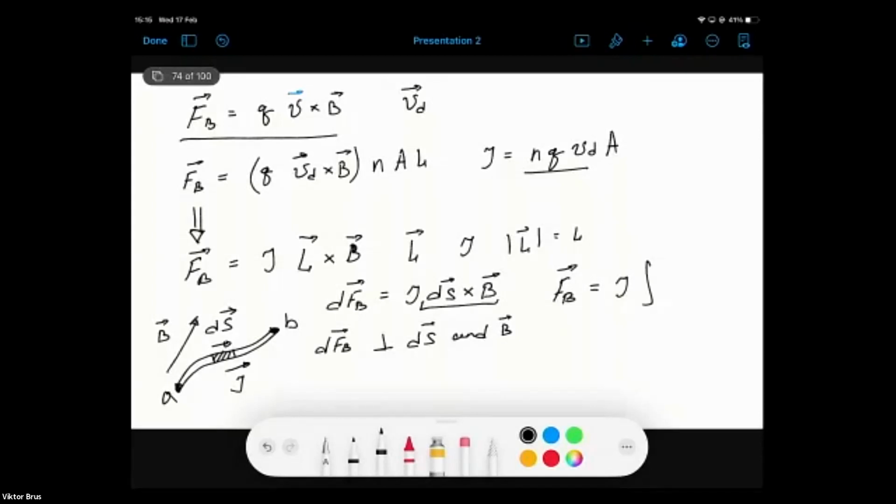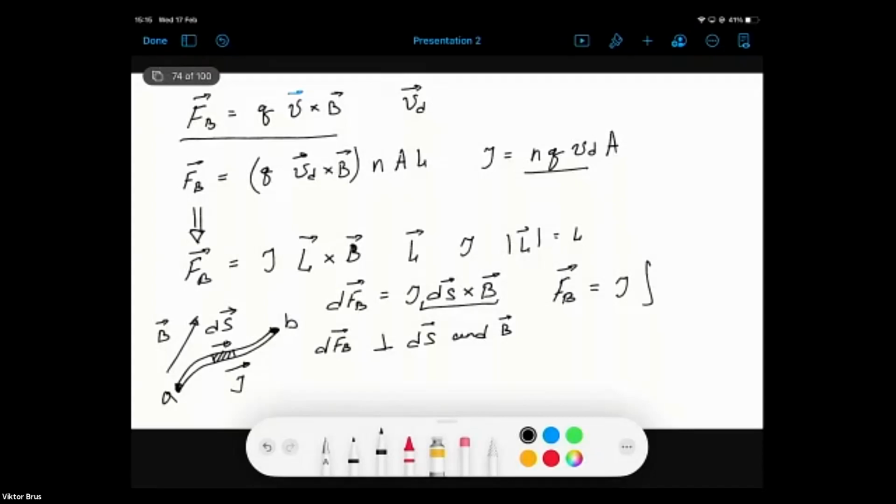So it's I times the integral. I is constant. It's the same in any cross section of the conductor, and it originates from the law of conservation of electric charge. We don't lose charges from the side walls of the conductor. That's why in each cross section along the conductor, we will have the same electric current.